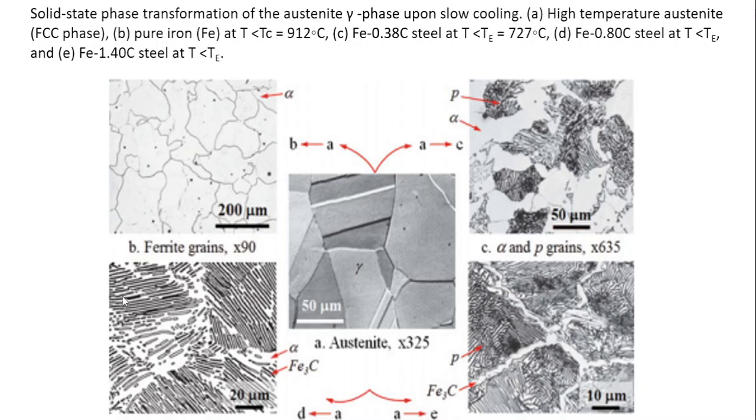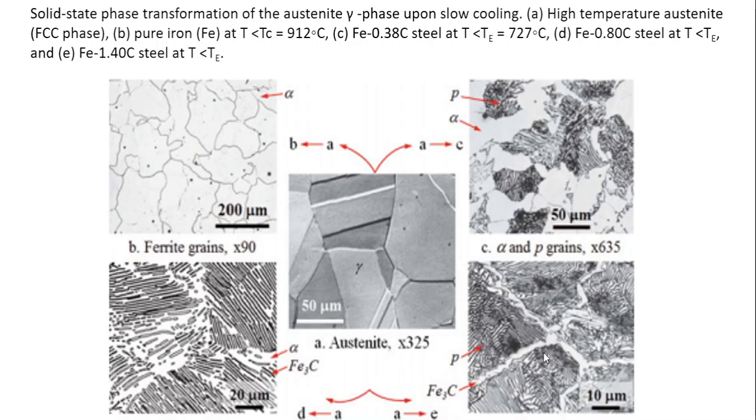The amount of perlite is very high, nearly 90% or so, and these white areas are some ferrite which is formed prior to the formation of the perlite.